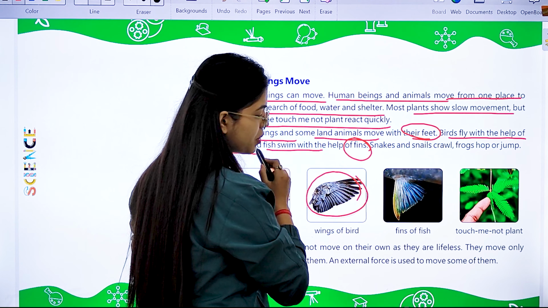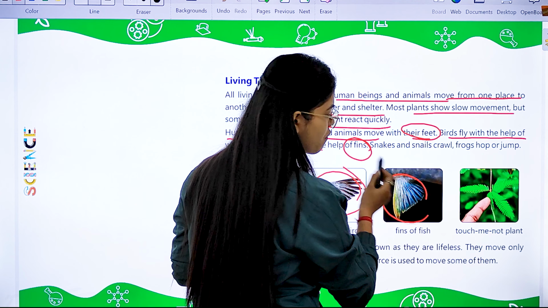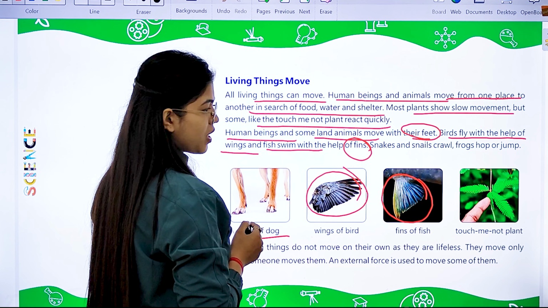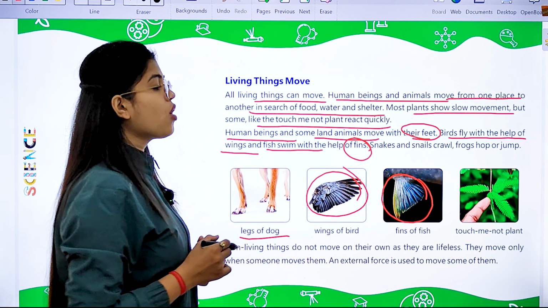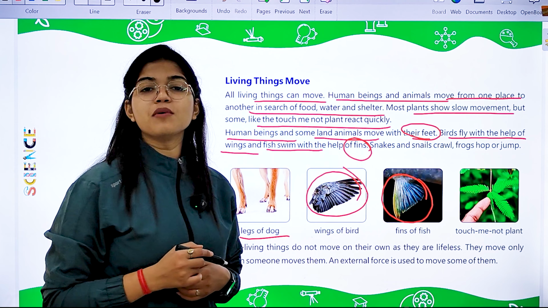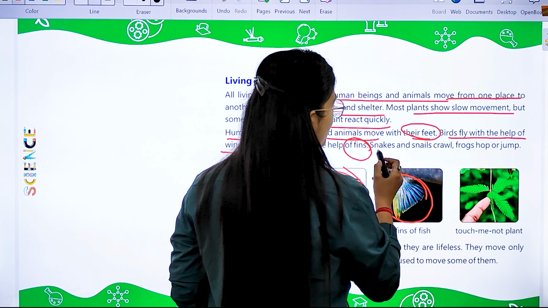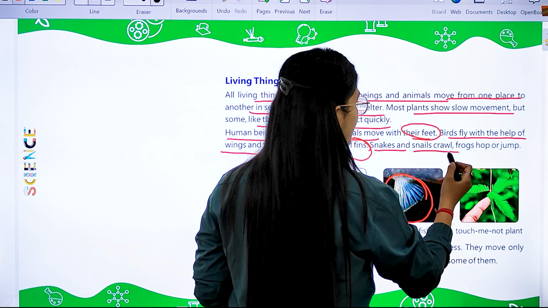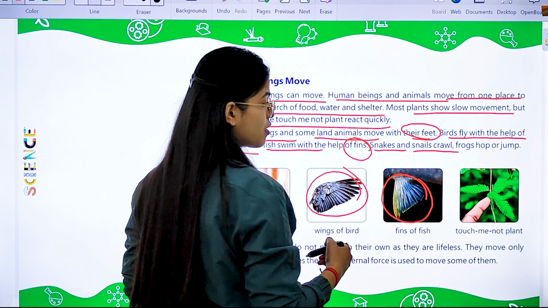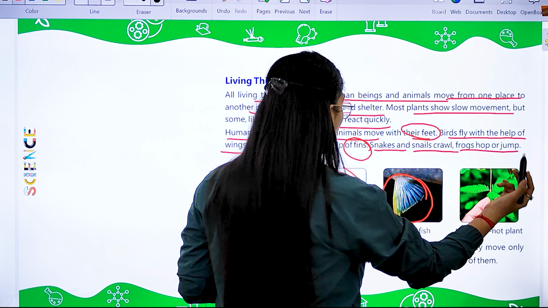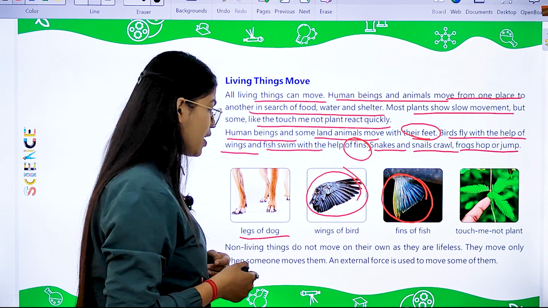These are the wings of a bird. These are the fins of a fish. And these are the different body organs with the help of which the animals move. Similarly, snakes and snails crawl on the surface. Frogs hop or jump, right?